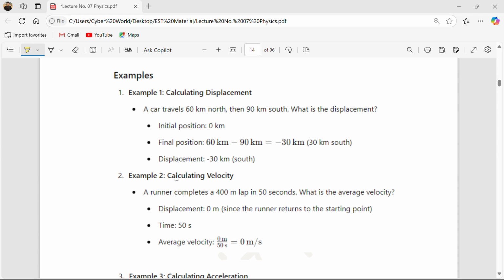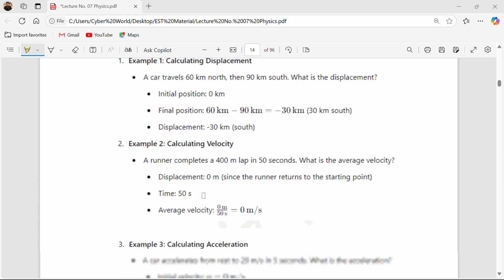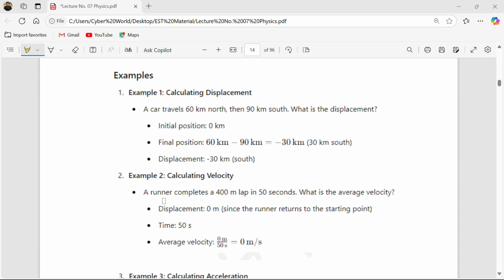If you want to find velocity, how can you find it? A runner completes a 400 meter lap in 50 seconds. Now the distance is given, which is 400 meter, and the time is also mentioned, where you have to find the average velocity. To find the average velocity, again you first need the displacement.